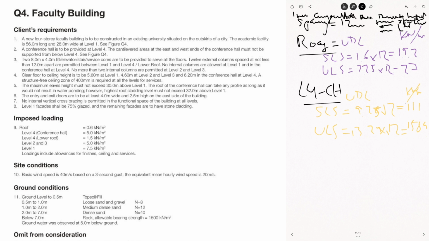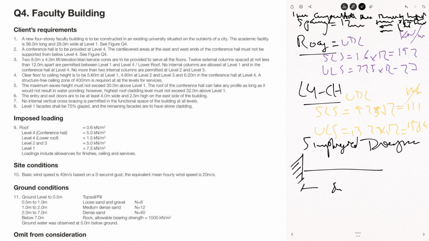Now we say then our roof, or a simplified diagram for the roof, is going to be a cantilever beam, which is 8 meters long. Now the way that this load is applied, I was just thinking, the one on the roof is going to be a UDL.